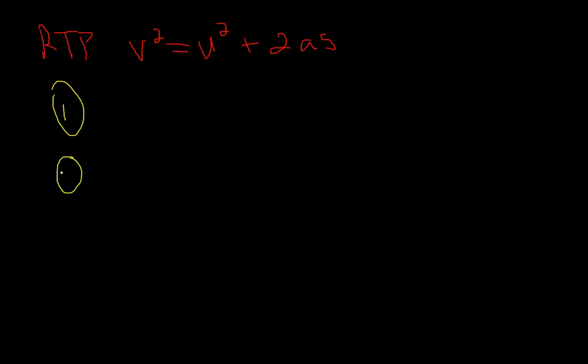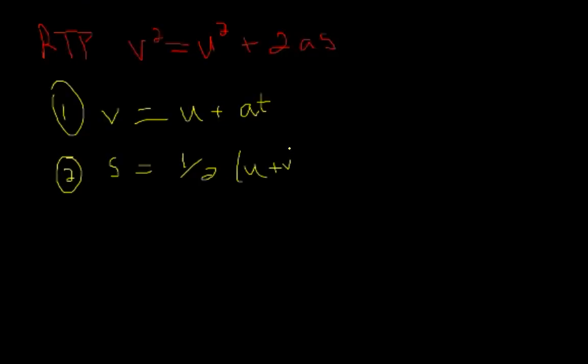So yes, the first two equations of motion are actually the fundamental formulas to derive all the others. We're really just manipulating the first two equations of motion to get the others, right? So V is equal to U plus AT, and then S is a half U plus V times T. How did they get this?